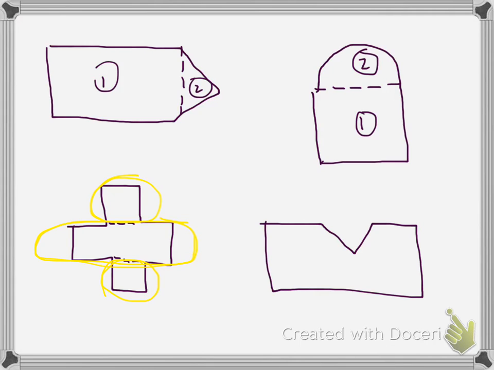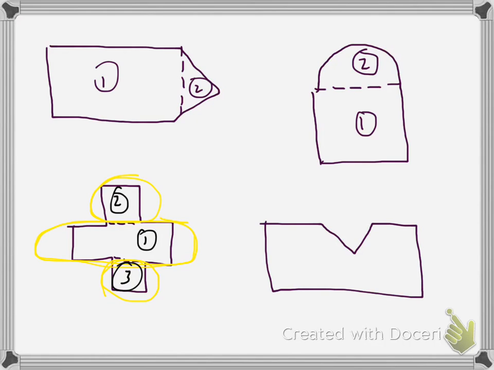So I could solve for the area of the rectangle first. That would be my shape number 1. Then I could solve for the area of this square. Then I could solve for the area of this square. And if I added all those together at the end, that would tell me the area of that entire plus symbol shape.